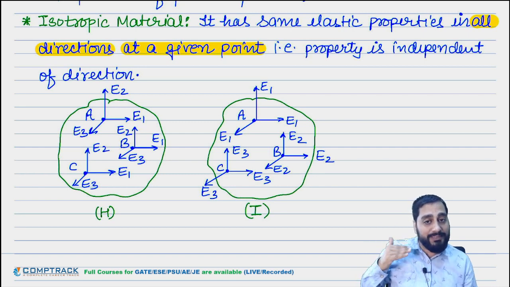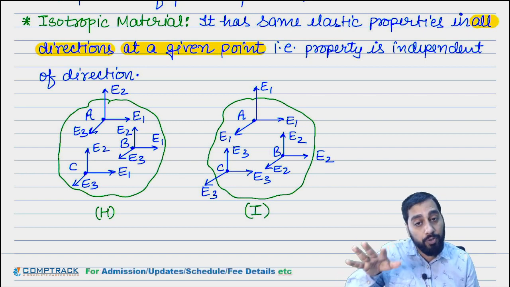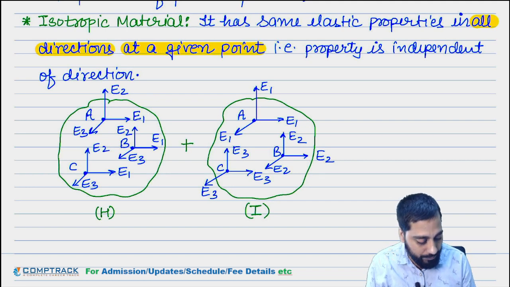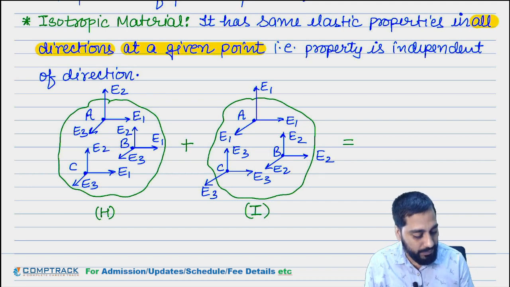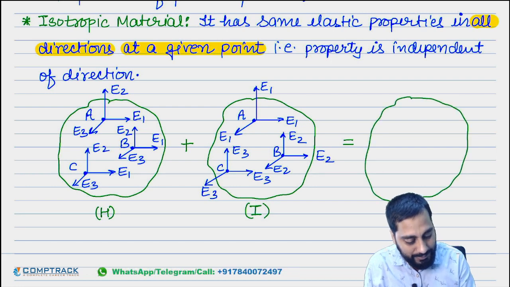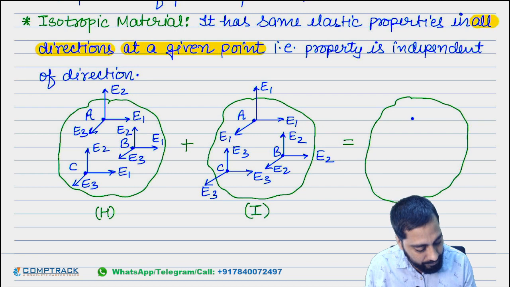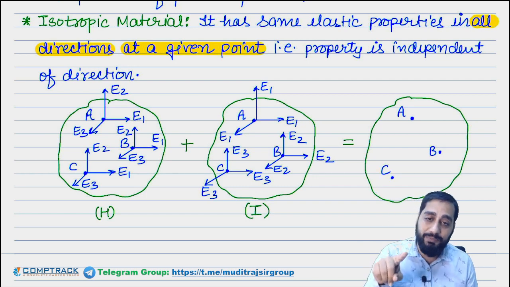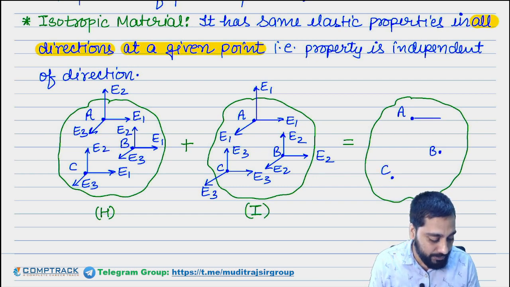But for our assumption, material कैसा होना चाहिए? Both homogeneous plus isotropic. तो वो कब बनेगा बेटा? When if you are seeing at any point A, B or C, at all points in same direction, property must be same.